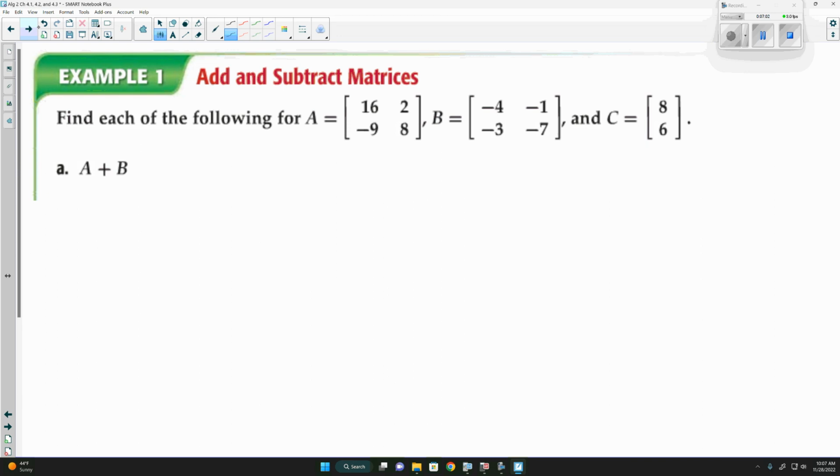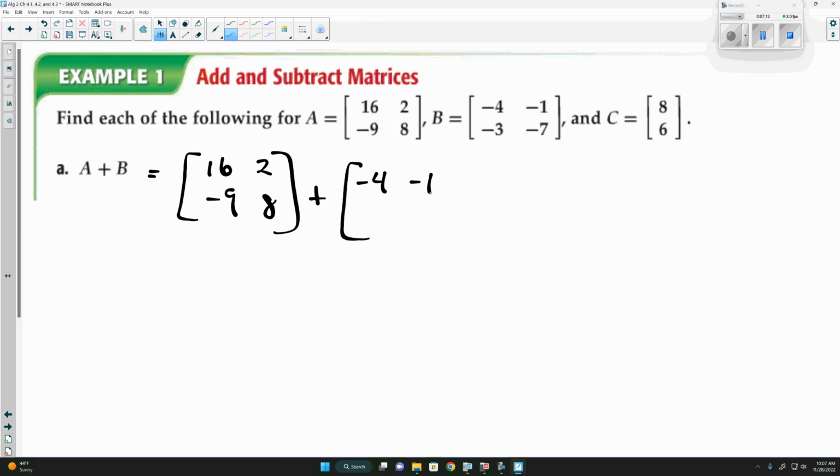So what we're saying is we're taking matrix A, which is 16, 2, -9, 8, and adding to it matrix B, which is -4, -1, -3, and -7. We're adding these 2 together. Now we add or subtract the corresponding elements.